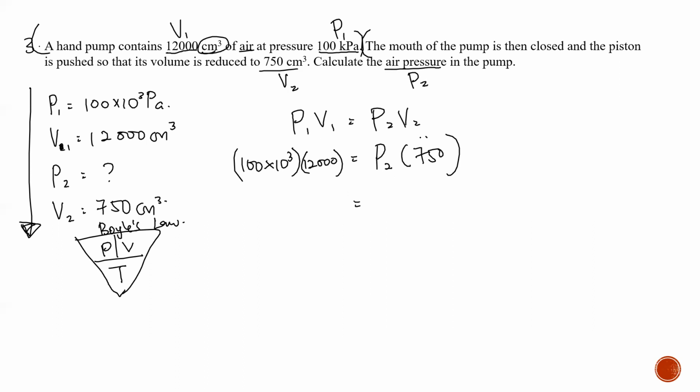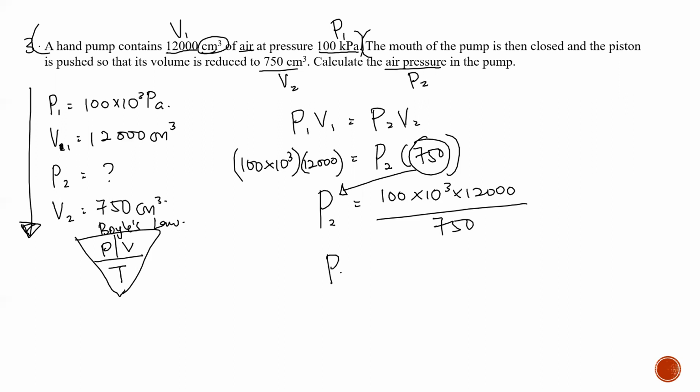So divide down here. It will be 100 times 10 to the power of 3 times 12,000 divided by 750. So P2 equals 1,600,000 Pascal. Or you can write it as 1.6 times 10 to the power of 6 Pascal.